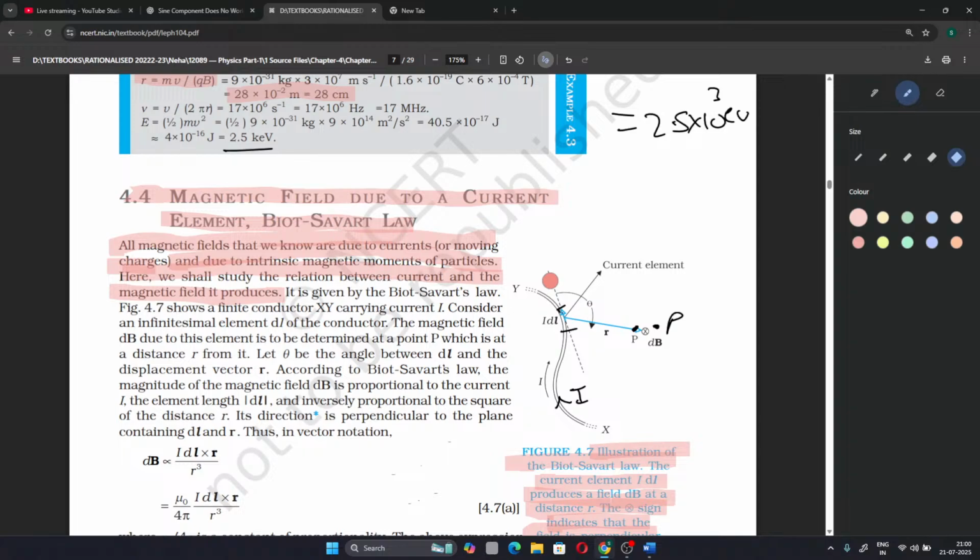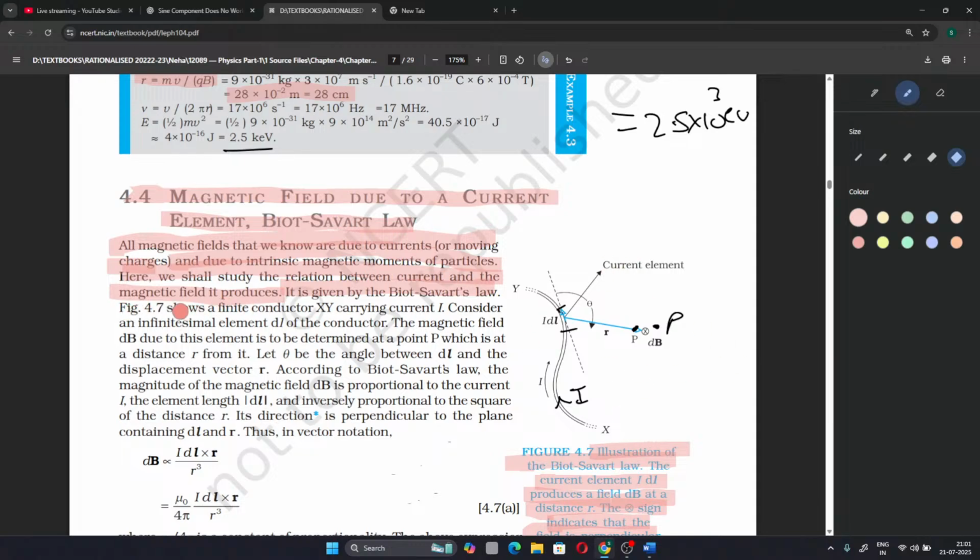Basically, all the magnetic fields are generated due to moving charges, that is currents, or due to intrinsic magnetic moments of particles, like the spin of an electron, revolution of an electron, that kind of thing. And here we shall study the relation between current, the moving charges, and the magnetic field it produces. And it is given by Biot-Savart's law.